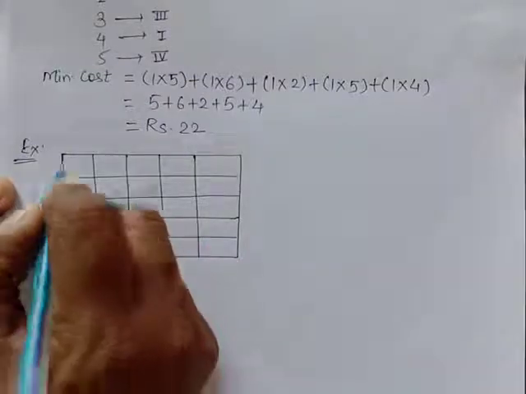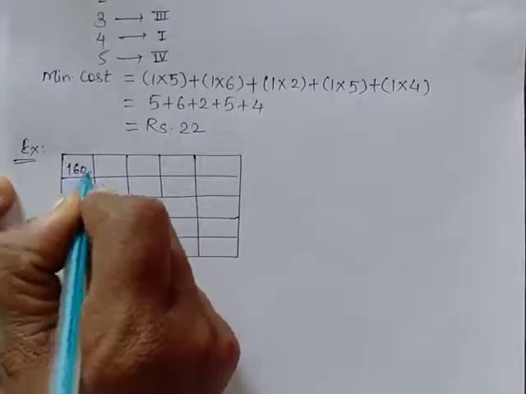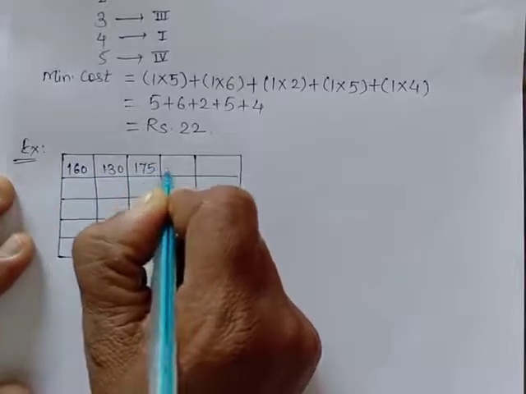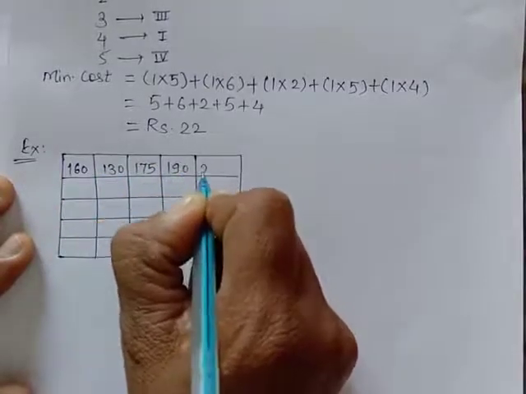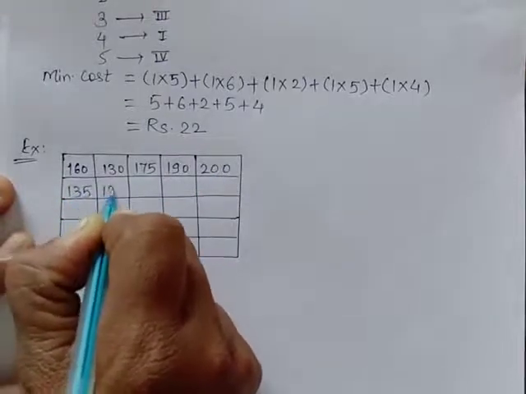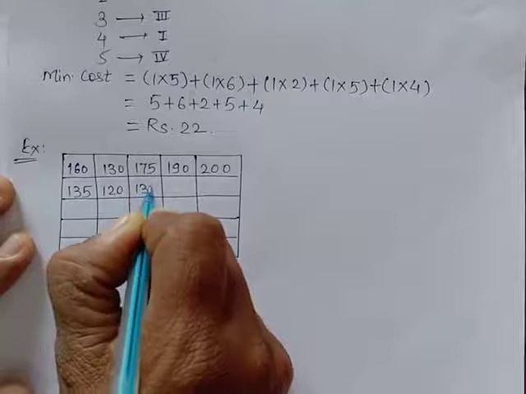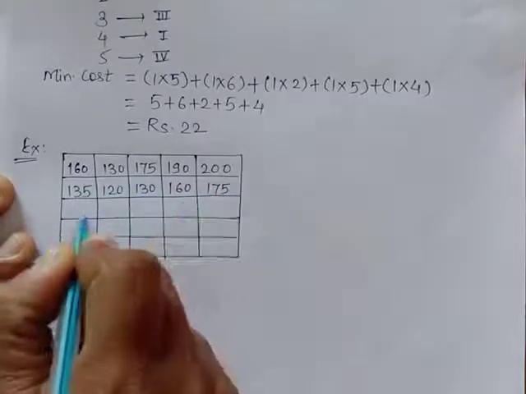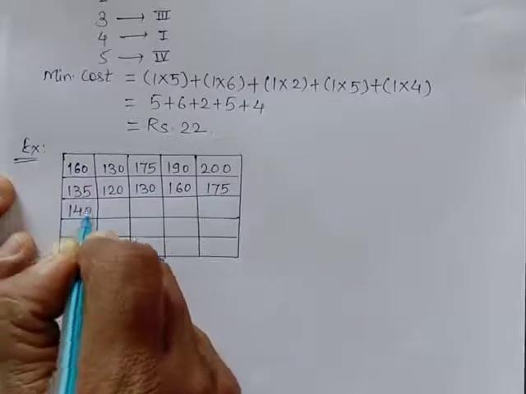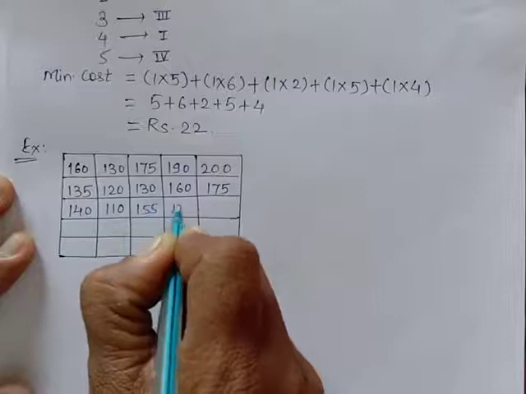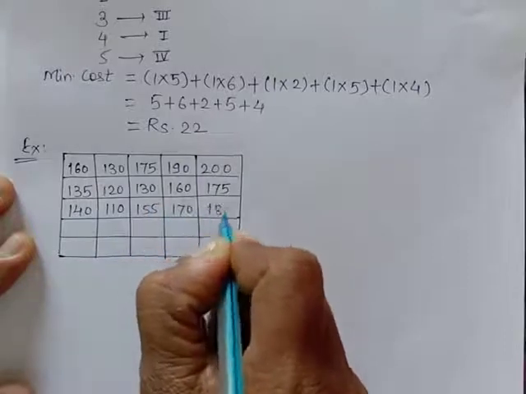Here the costs are 160, 130, 175, 190, 200, 135, 120, 130, 160, 175, 140, 110, 155, 170, 185.